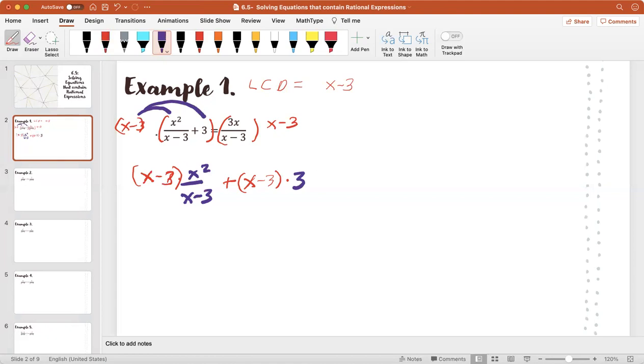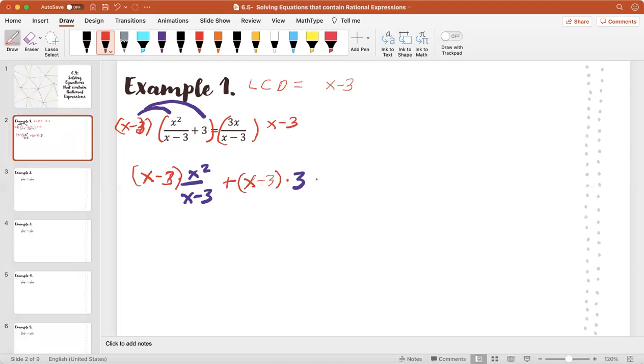You see, we've distributed x minus 3 to the left side. We have to multiply x minus 3 times your x squared over x minus 3. Let me write that clearly. And then we have multiplied x minus 3 to 3. So we have this left side.